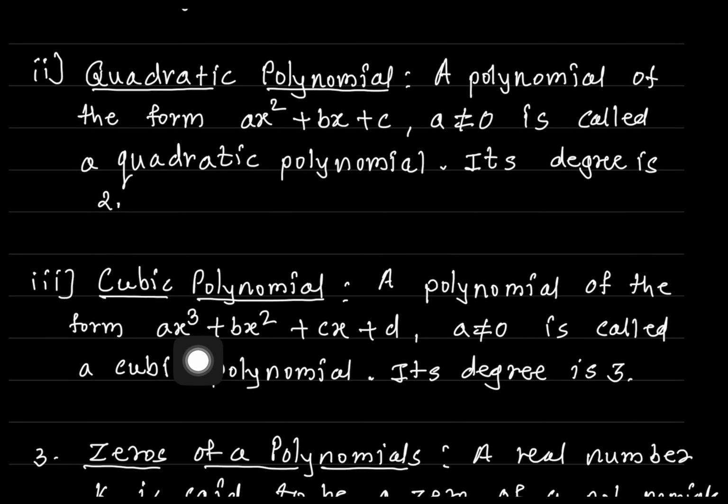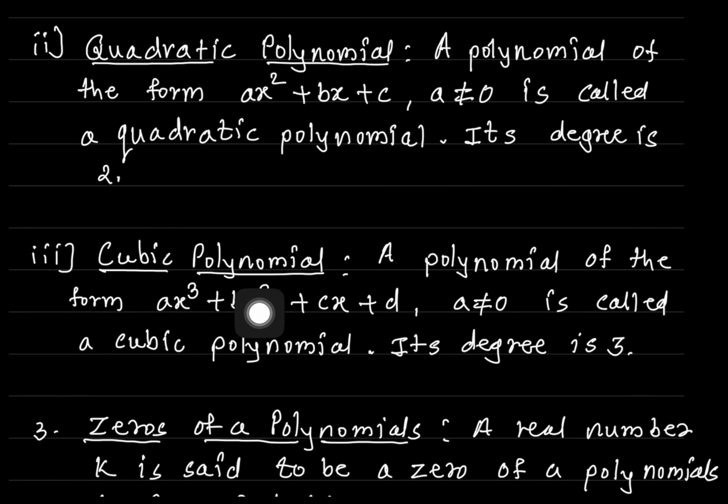A polynomial of the form ax cube plus bx square plus cx plus d, where a is not equal to 0. Again, if a equals 0, the first term will become 0, so we can't call it a cubic polynomial. So with a not equal to 0 it is a cubic polynomial, and the degree is 3.